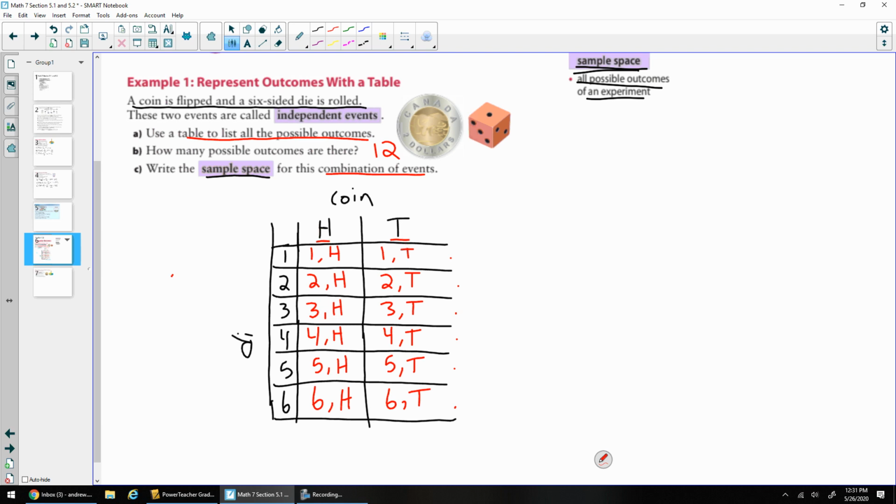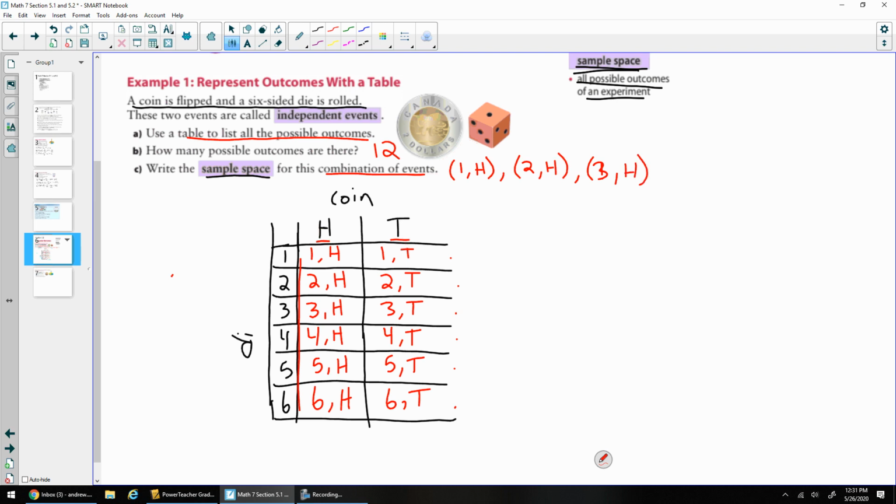It says write the sample space for this combination of events. For some reason, this chapter asks us a lot after you've made your table, and they just want you to write out 1H, 2H, these little ordered pairs. And then 3H.